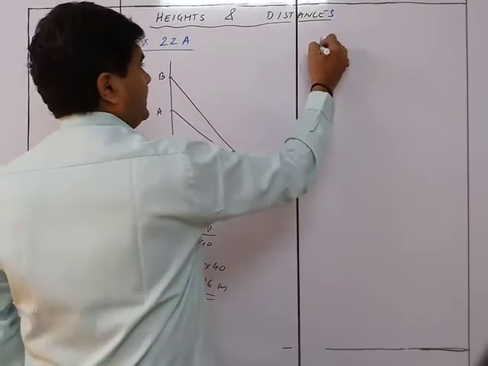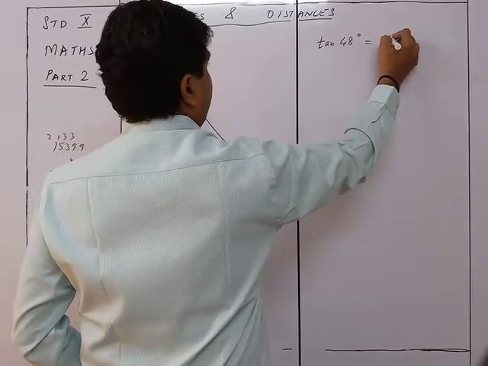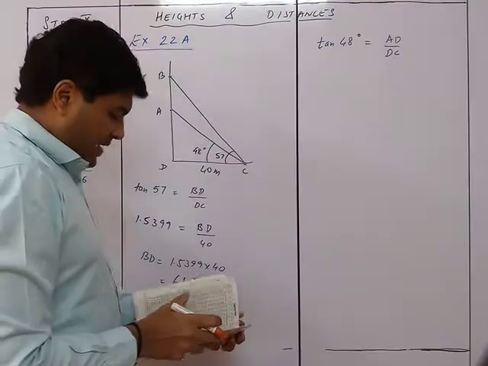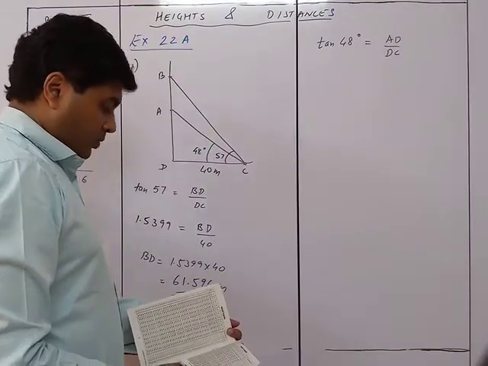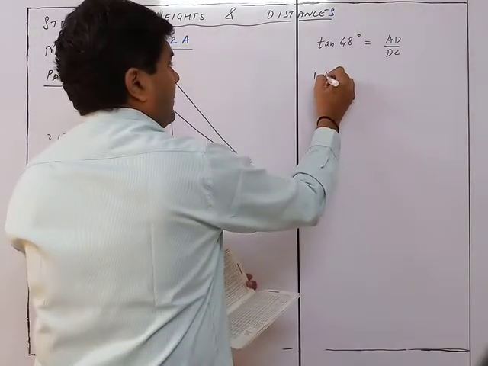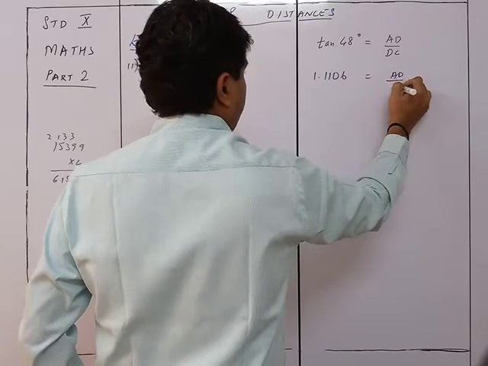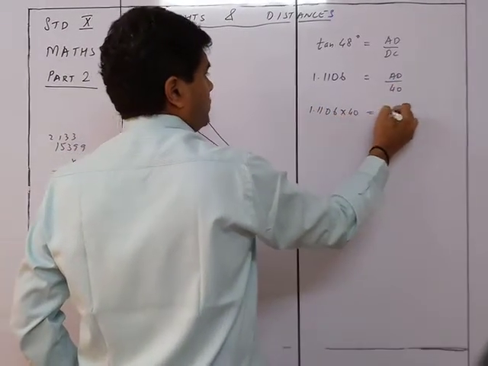Then we have over here tan 48 degrees is equal to AD upon DC. And the value of tan 48 we know is 1.1106, equal to AD upon 40. So 1.1106 into 40 is equal to AD.